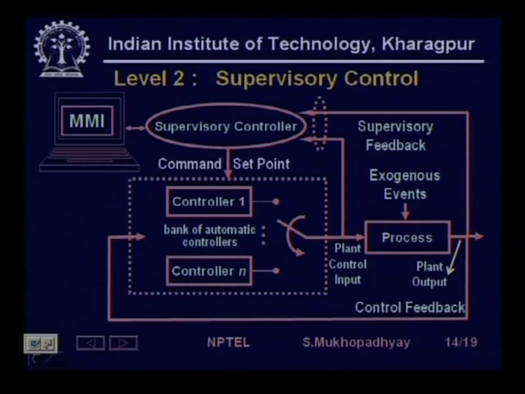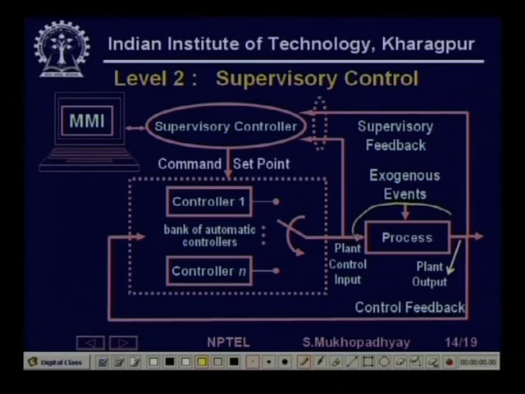So, let us look at these pictures. This picture explains what a supervisory controller does. Previously we had seen one control loop. This is the process that we want to control, and this is the feedback of the control loop, but we are having a number of controllers here. Suppose one controller is working.